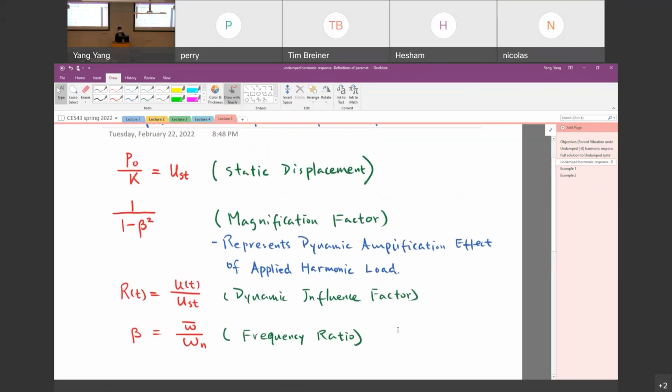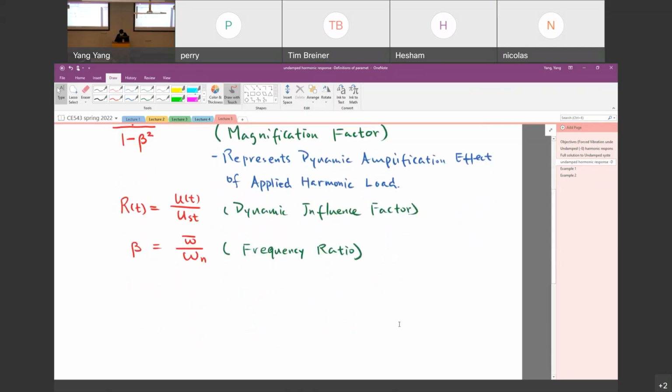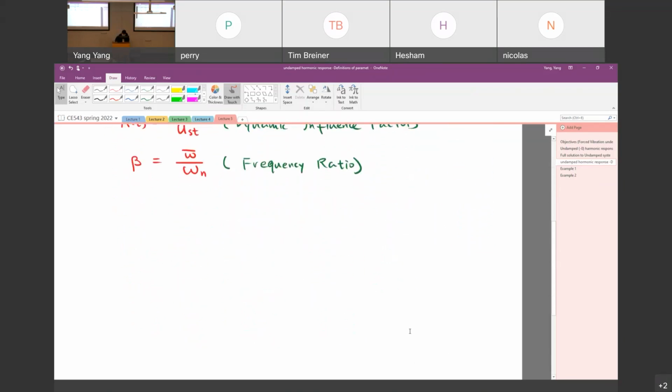So before the break, we have already investigated some special cases. So now let's summarize some special cases. Special cases for the single degree of freedom system under harmonic loading.